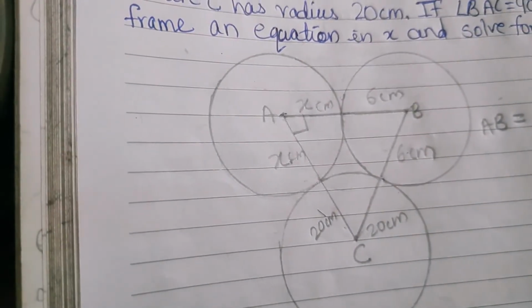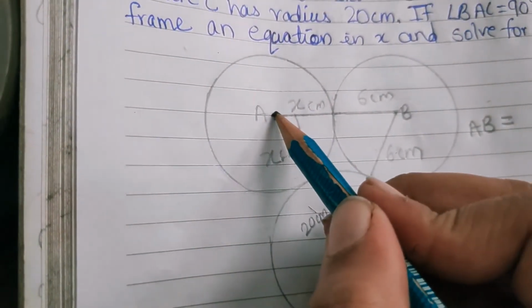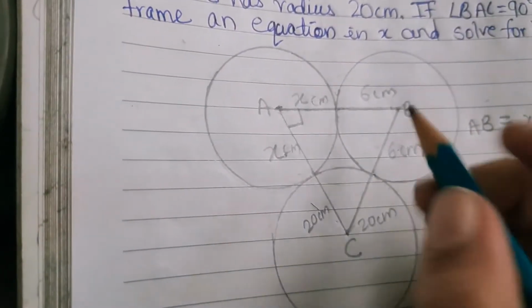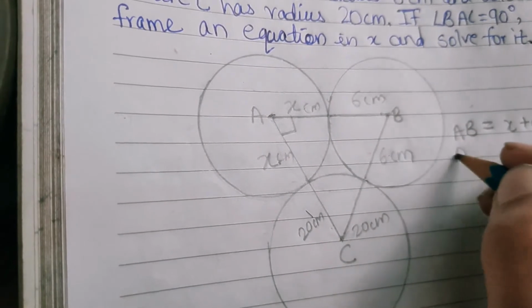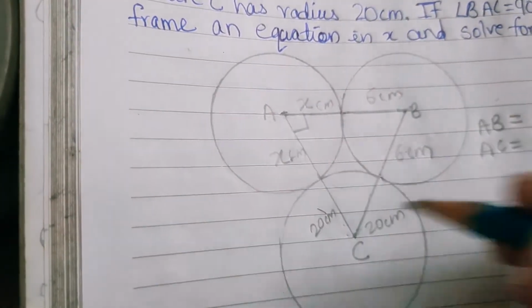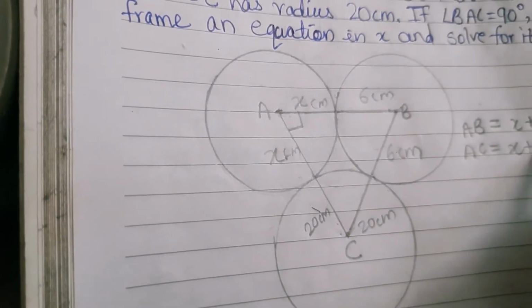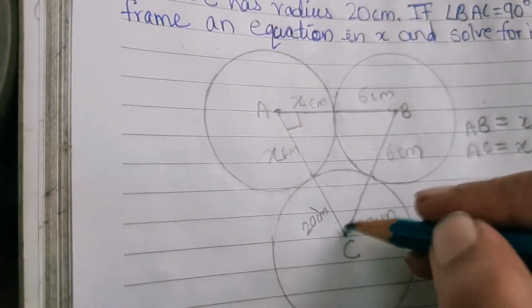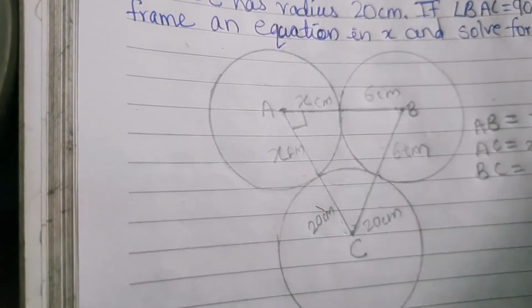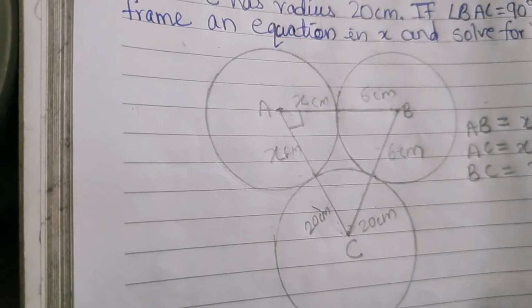AB is equal to x plus 6, right? Then AC is equal to 20 plus x, or x plus 20, and BC is equal to 20 plus 6, that is 26.